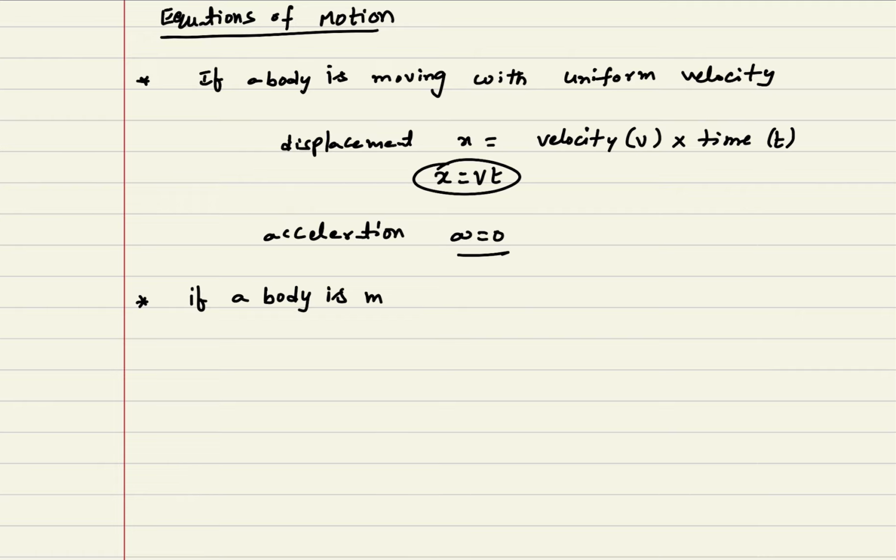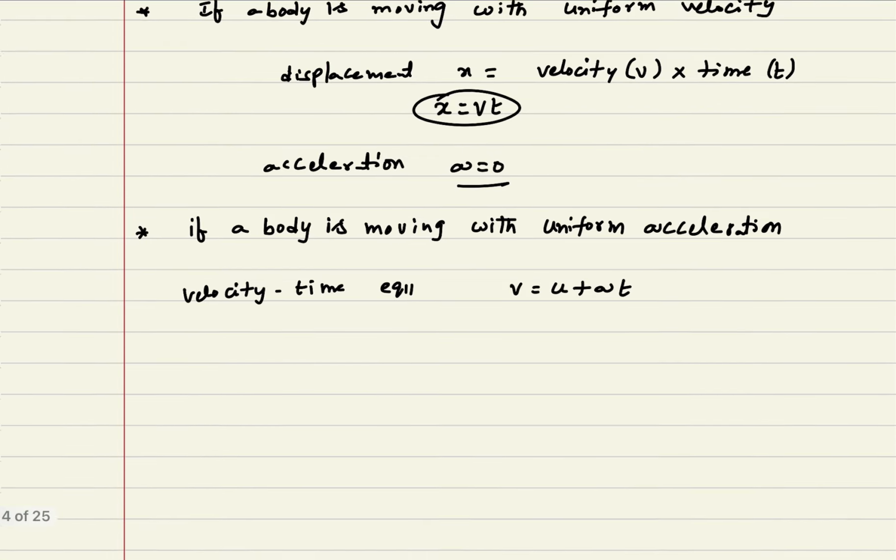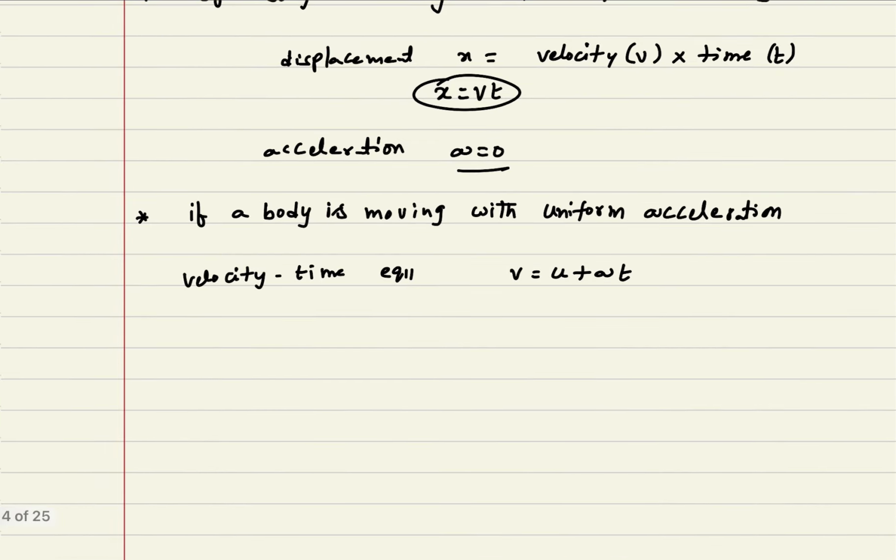Next, if a body is moving with uniform acceleration, the velocity time equation is v is equal to u plus at. You know the usual meanings. u is initial velocity, v is the final velocity.